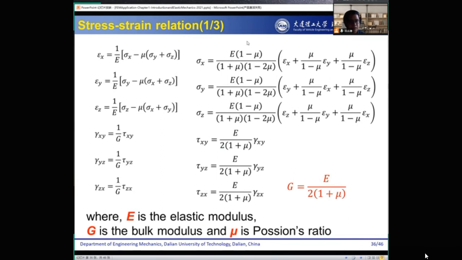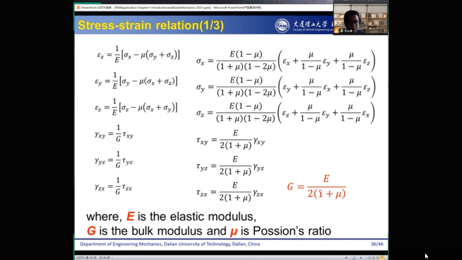And the third type of equation is the stress and strain relationship, which defines the relationship between the stress and the strain. In those definitions, there are several important mechanical parameters. For example, E is the elastic modulus, G is the shear modulus, and mu is the Poisson ratio.